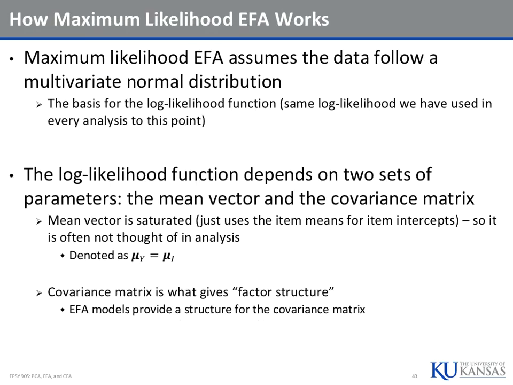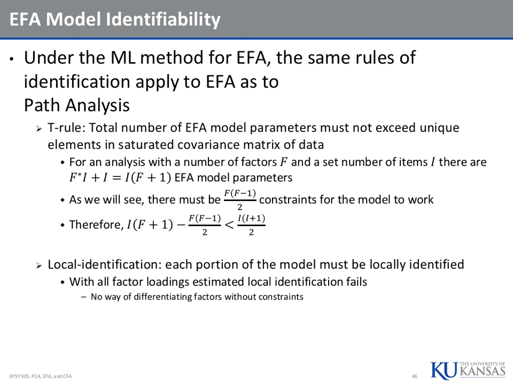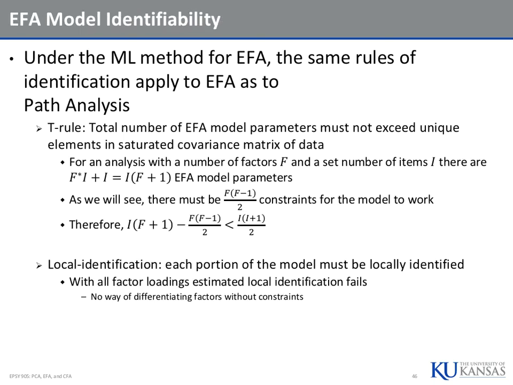So how it works, we have this multivariate normal distribution, and it depends on the covariance matrix and the mean vector. There are all sorts of solutions, but these are the matrices that go behind it. You don't need that for today. What I want to tell you is, how do you figure out how many factors you can have? Do you remember in path analysis we had to figure out if the model was over-identified, under-identified, or just identified? The same thing happens in EFA with maximum likelihood.